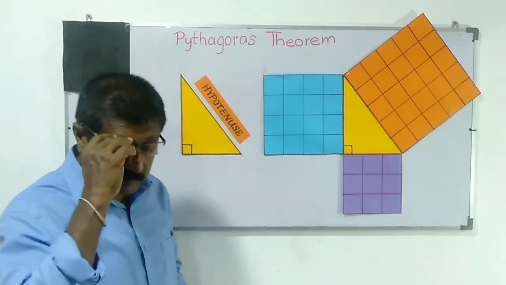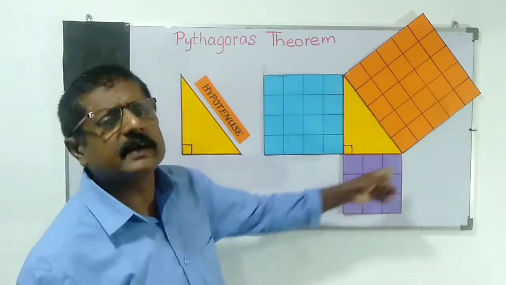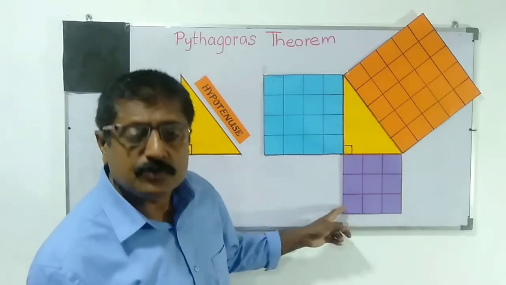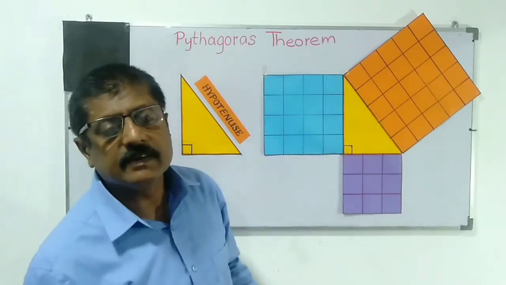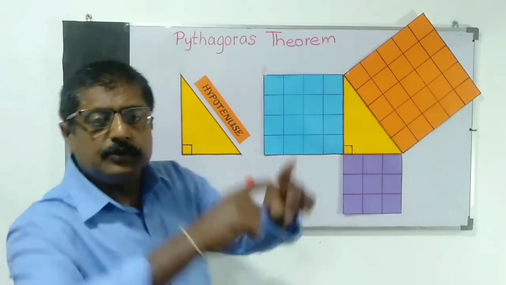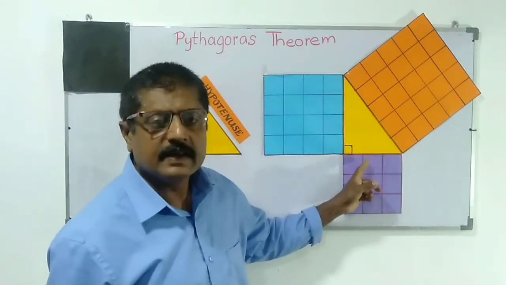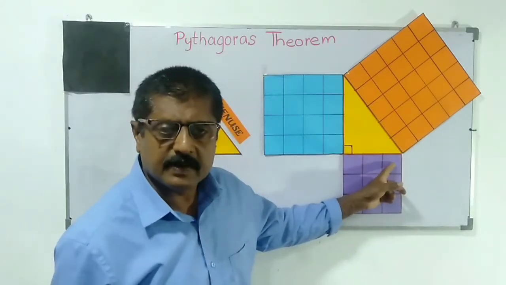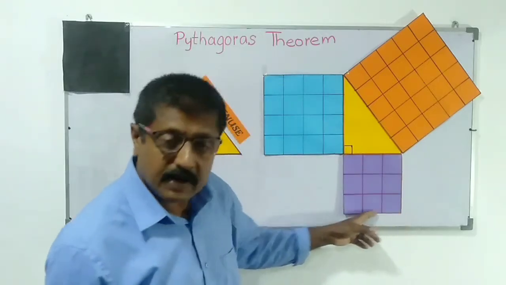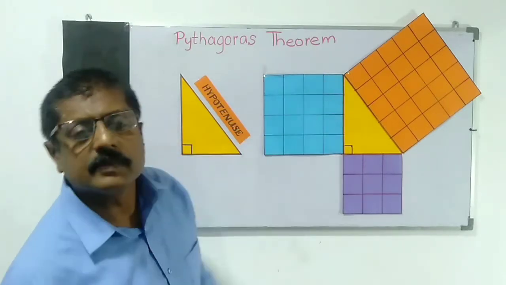Alright. Then Pythagoras once drew a right angle triangle and drew three squares on the three sides. Look at this. Now this is one side. He drew a square such that this one becomes one side. In here, this side measures 3. Let it be 3 meters. If this side is 3 meters, the other side of the square is 3 meters. Another square on this side. Let it be 4.